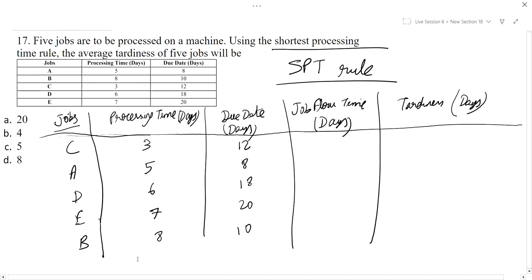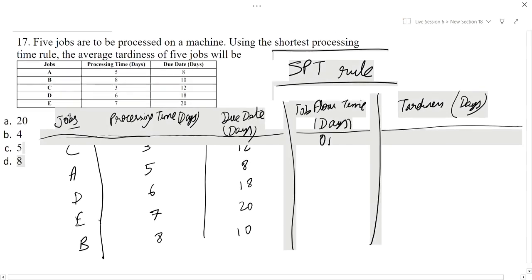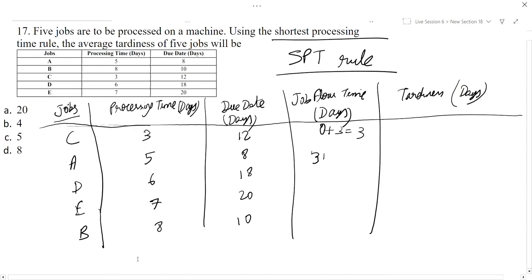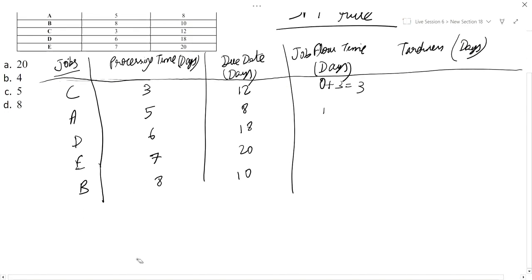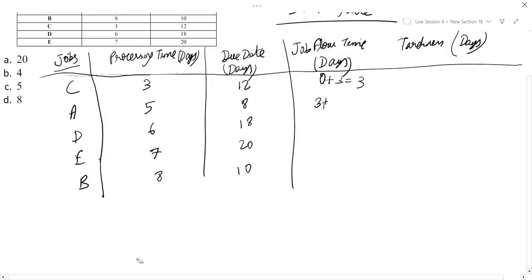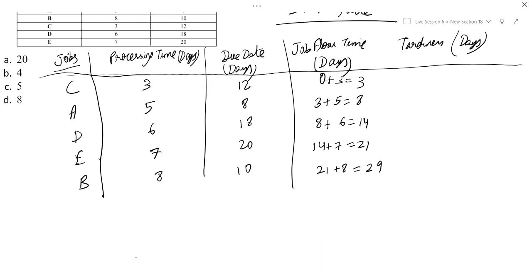Job flow time 0 plus processing time for the first job 3. This will be 3, then 3 plus 5, this will be 8. Next is 8 plus 6. This will be 14. 14 plus 7. This will be 21. 21 plus 8. This will be 29.